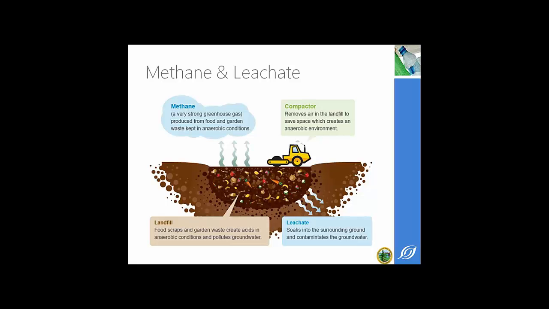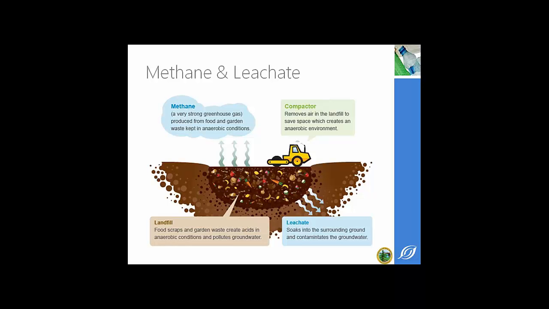So the issue with landfills, and one of the key reasons why we've put a lot of focus more recently on getting organics out of landfills and reducing the material going in, are two primary components that are created, methane and leachate. So methane is basically a greenhouse gas that is produced from the decomposition of the organic material when they are held in an anaerobic condition, which is basically deprived of air.